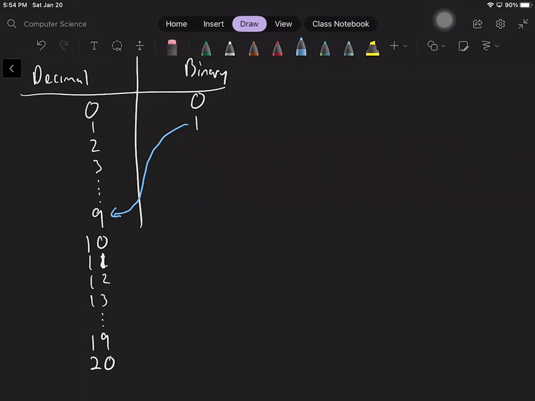So what you do is you reset at 0, and then the next digit goes up by 1 from 0 to 1. Okay, so that arrow might seem confusing, so let me erase that. Then the next digit goes up by 1. Now you're at the end again, so it has to reset to 0, and the next one goes up by 1, but 1 is the end, so it resets to 0, and then the next digit goes up by 1.